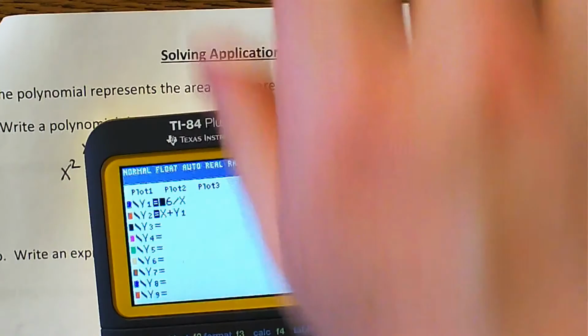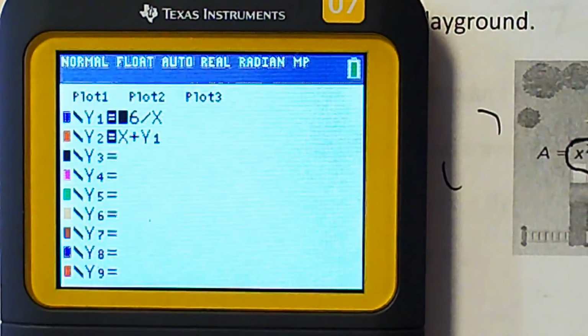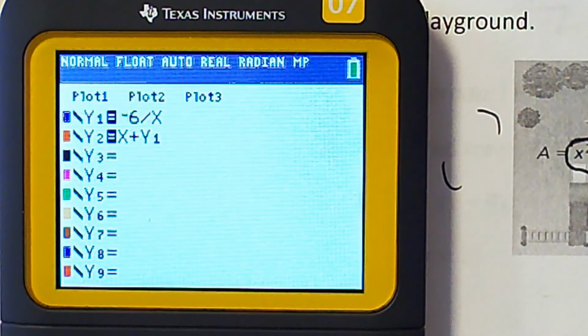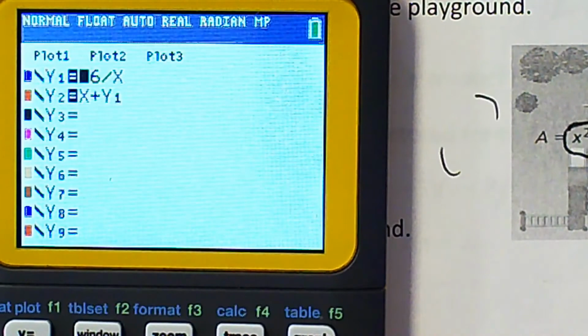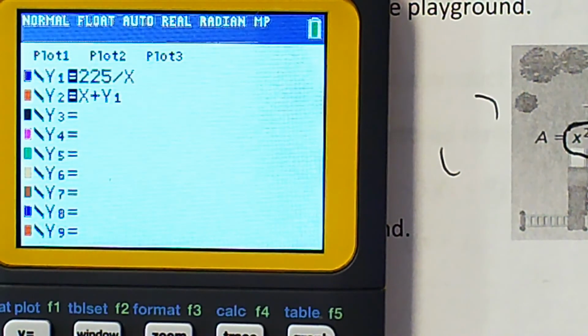Okay, so let me zoom in. I already still have that second equation set up, so I don't need to mess with that. But for that first equation, I'm going to take that number that's going to be the product of the two middle terms, in which case it's 225. And so what number am I going to be looking for in that third column? Negative 30.